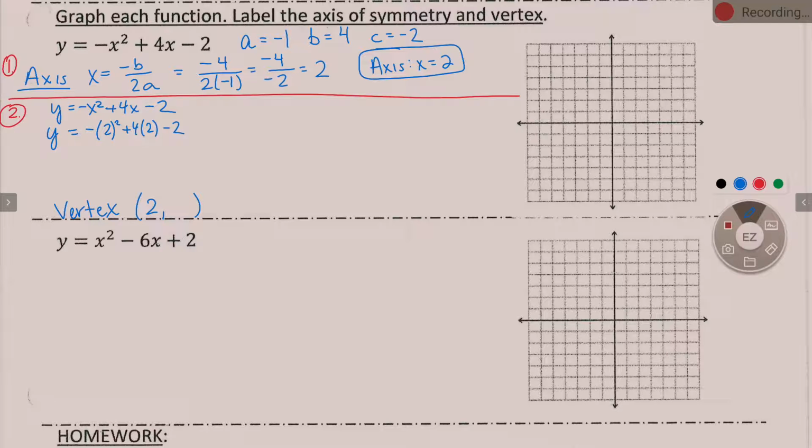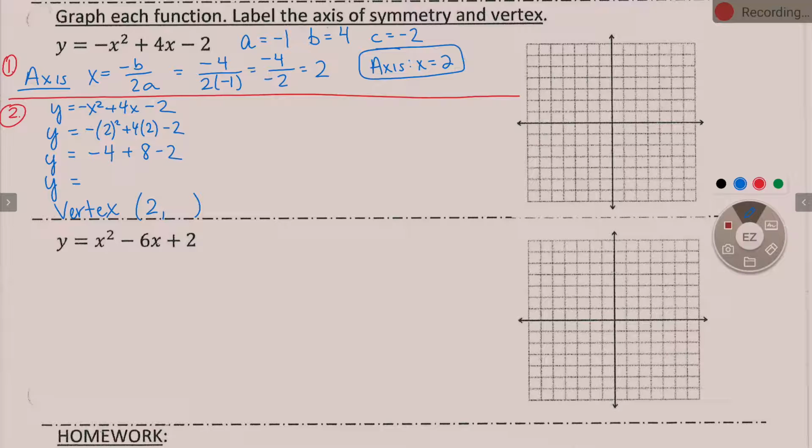Notice it's the negative of x squared. It's the negative of 2 squared. What is 2 squared? 4. What's the opposite or negative of that? Negative 4. So this is going to be negative 4 plus 4 times 2 is 8. And then minus 2.